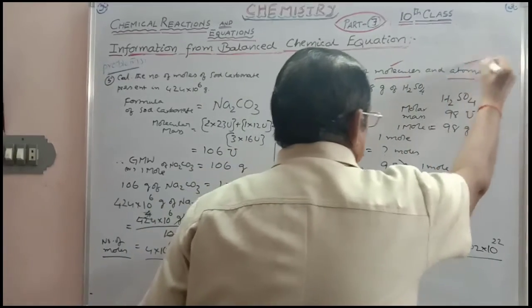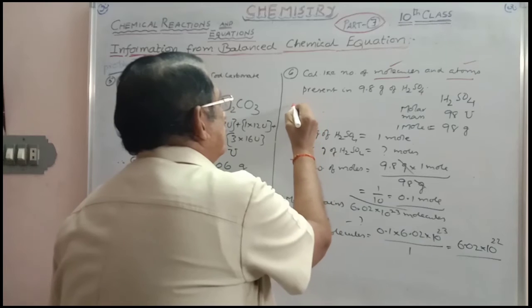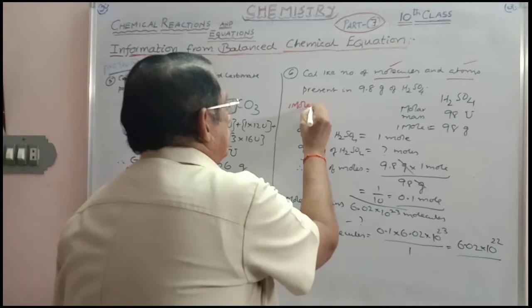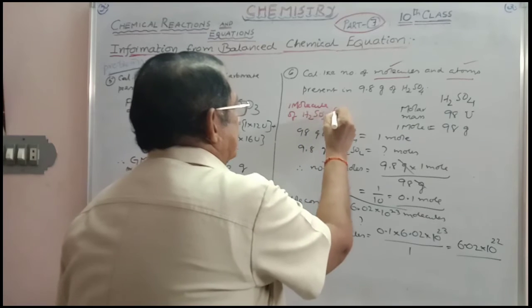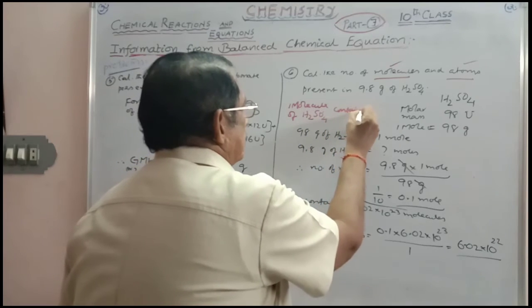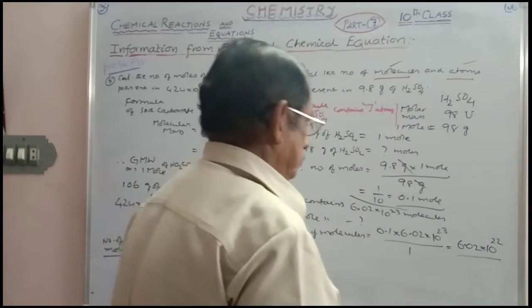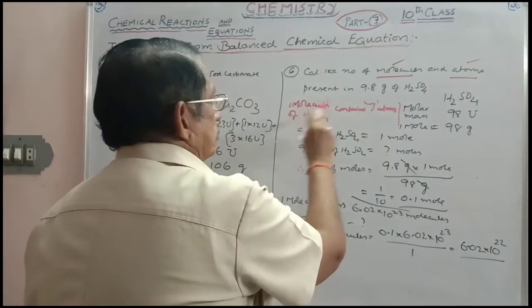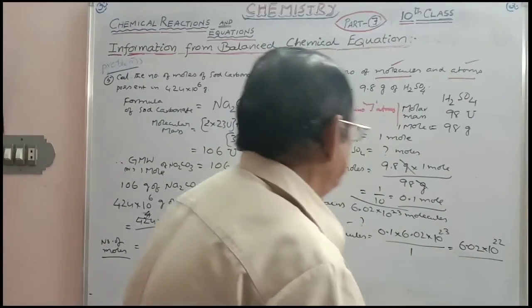But it is also asking atoms. You see, one molecule of H2SO4 contains 7 atoms. One molecule contains 7 atoms. So how many atoms are there in the number of moles?